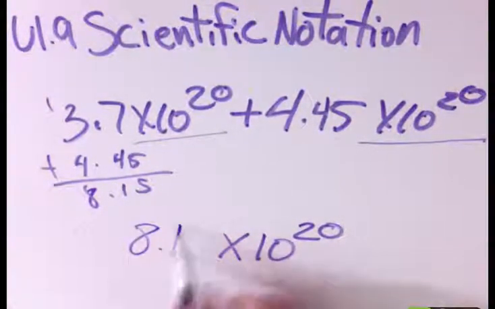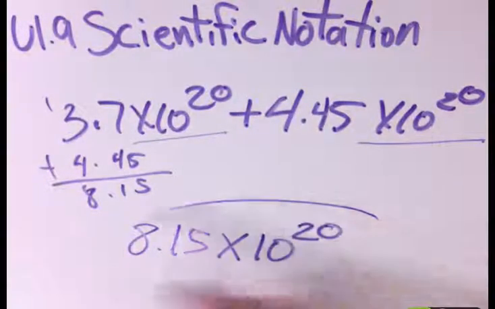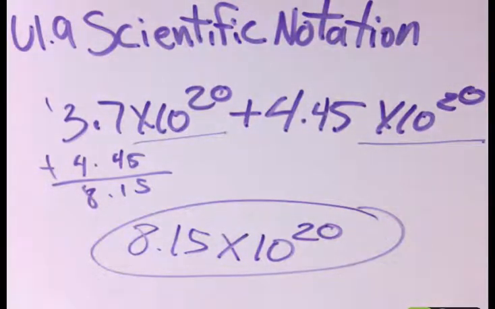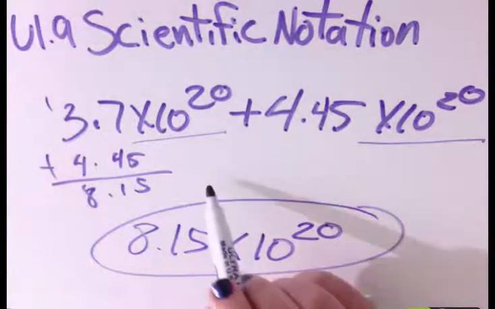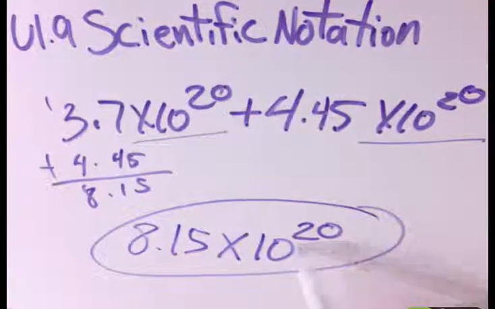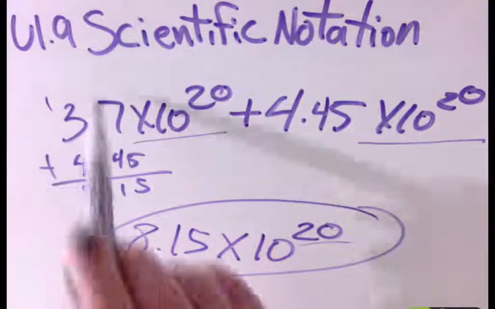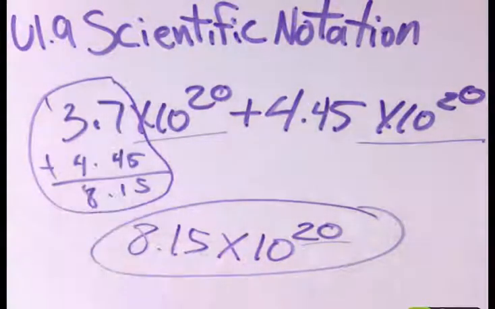So then we roll that number down here. And so 8.15 times 10 to the 20th is our answer. And if you notice, if we were to write this out, all the zeros from the exponent of 20 would line up. And so really this is the only math we would have to do even if we wrote those out in standard form.